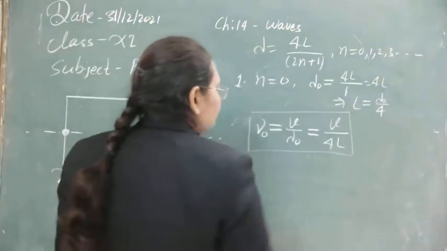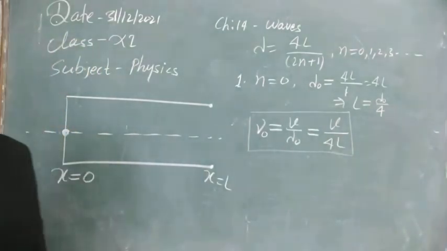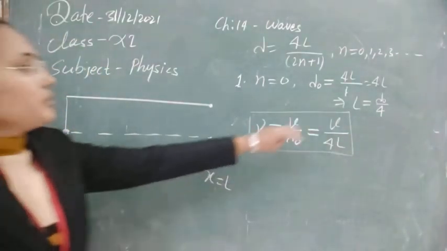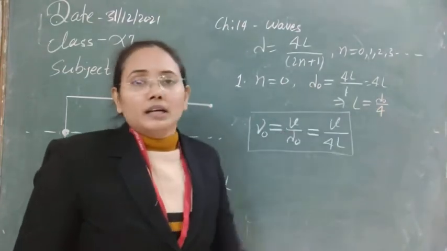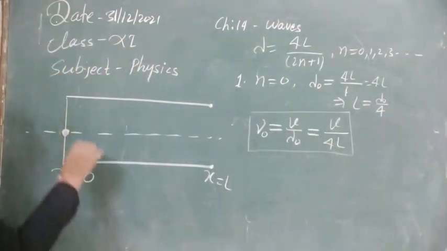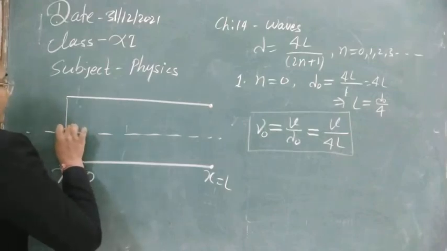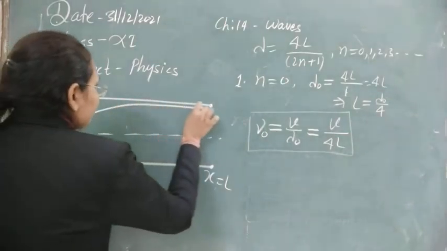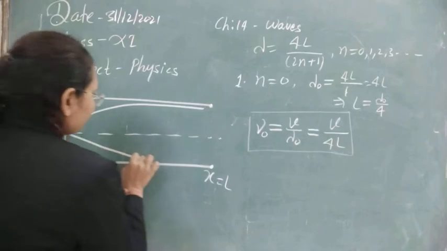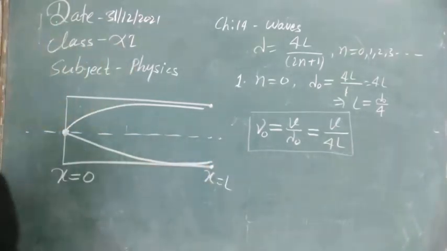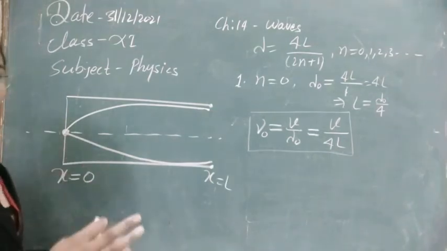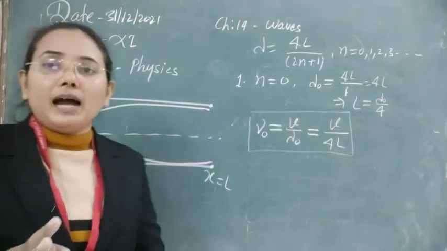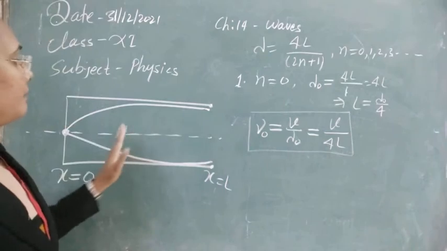Now if we make its graphical treatment, how the wave is generated, you can see over the complete length 1/4 of a complete wave is generating. This is the 1/4 part of the wave. Not half wave, only half of the half wave, 1/4 part of the wave we have plotted.